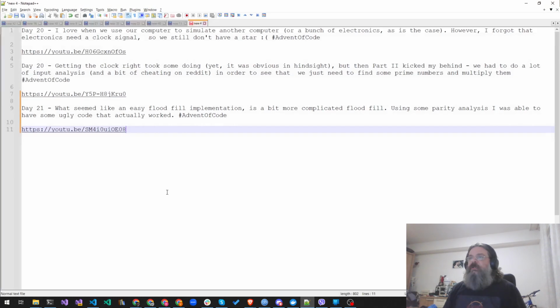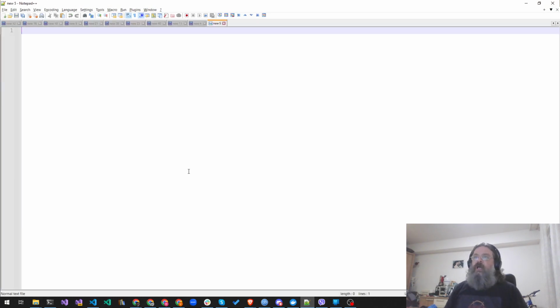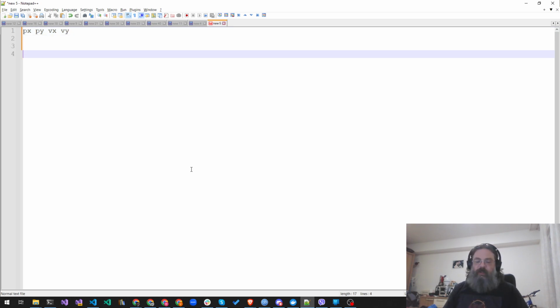So it seems that for this task we have four numbers for each thing: px, py, vx, vy. And we have some kind of parametric set that says, well, what is the current x?